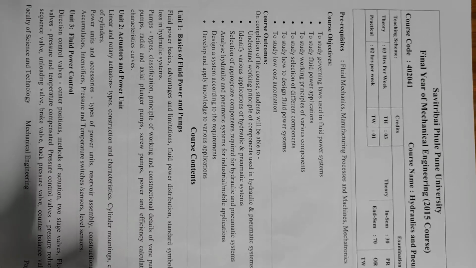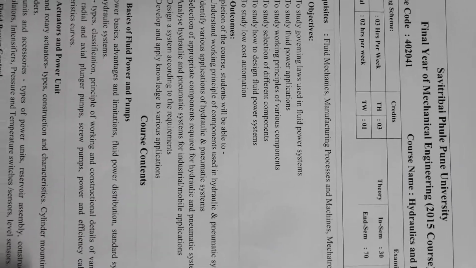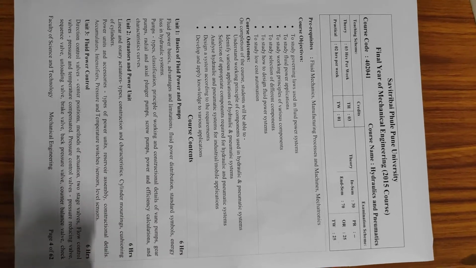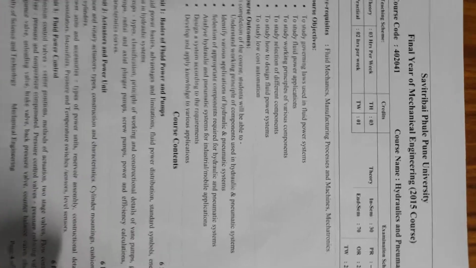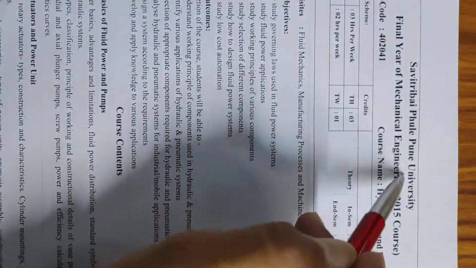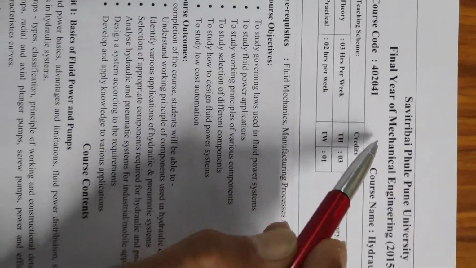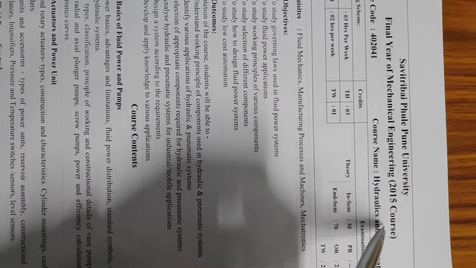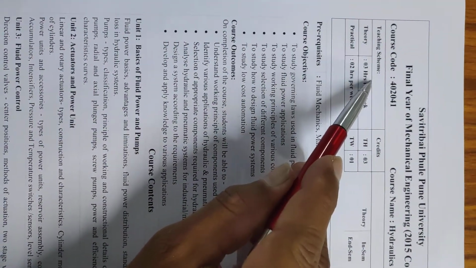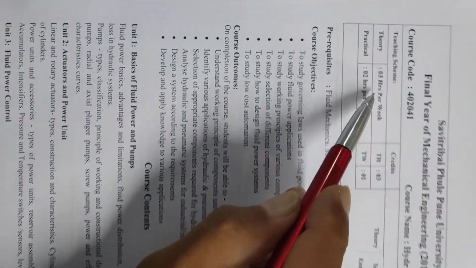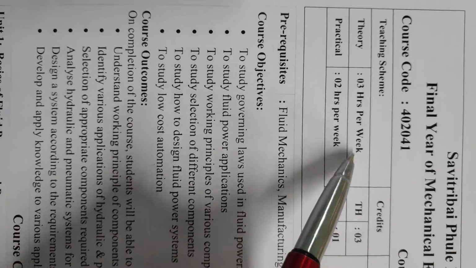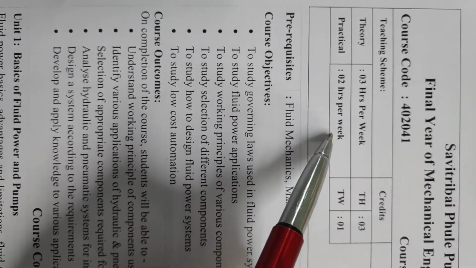Now we'll proceed to the detailed syllabus. I have this syllabus copy here: Savitribai Phule Pune University Final Year Mechanical Engineering 2015 course, course code 402041. Teaching scheme: theory 3 hours per week, practical 2 hours per week.